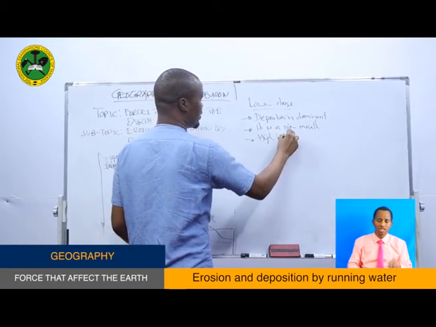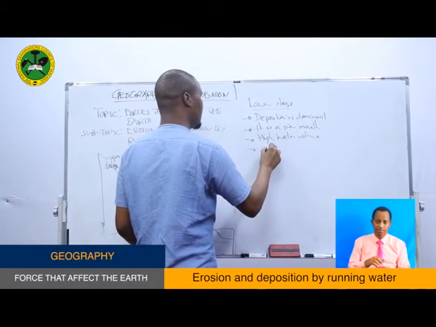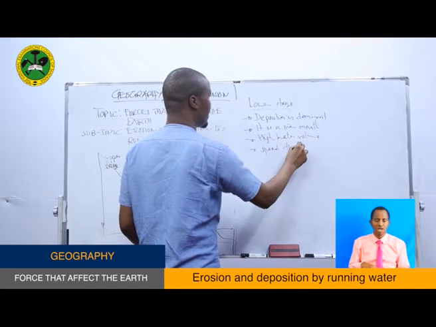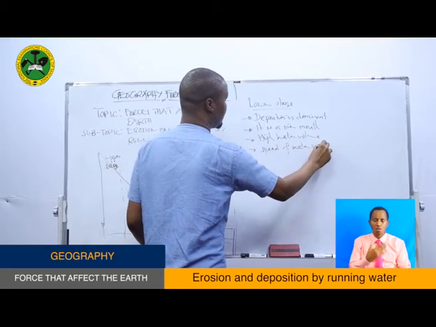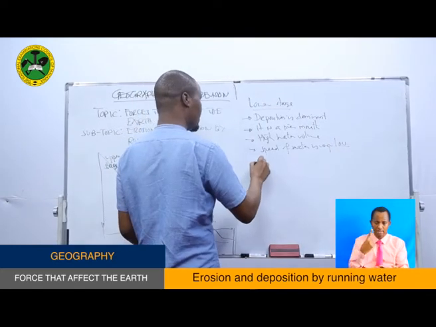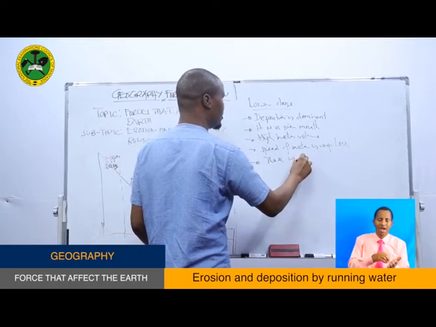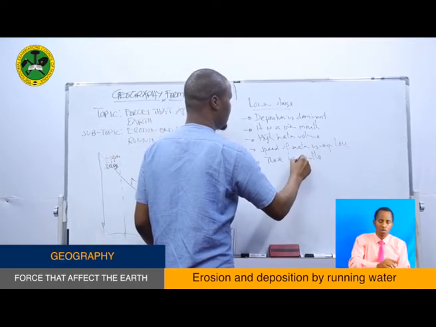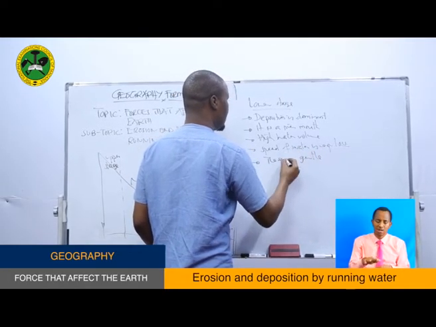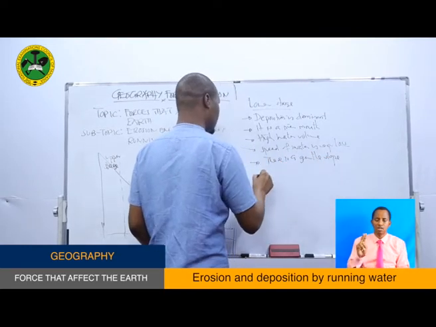The speed of water is very low. Why very low? Because there is a gentle slope.